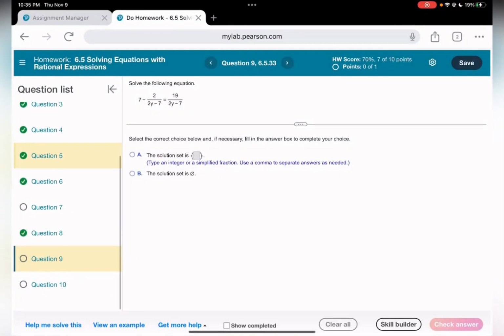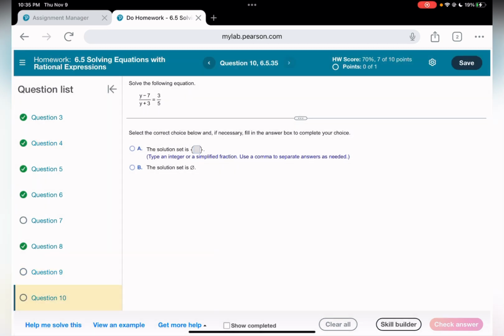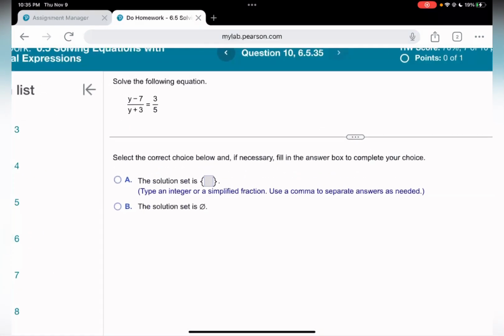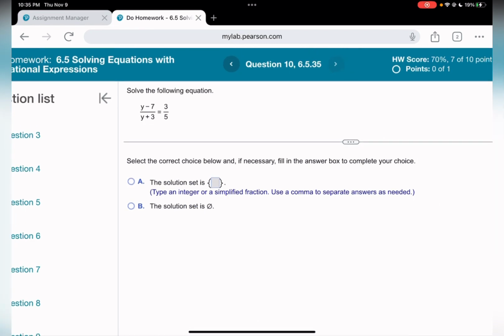And the last one, number 10. So the common denominator here is going to be 5 times y plus 3, right? Which means to bring to the same denominator, y plus 3, I multiply by 5, top and bottom. 3 over 5, I multiply by y plus 3, top and bottom.